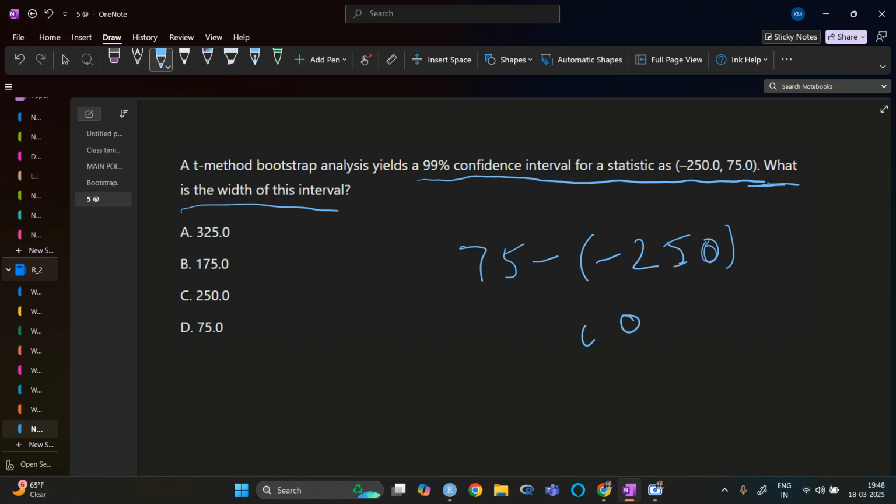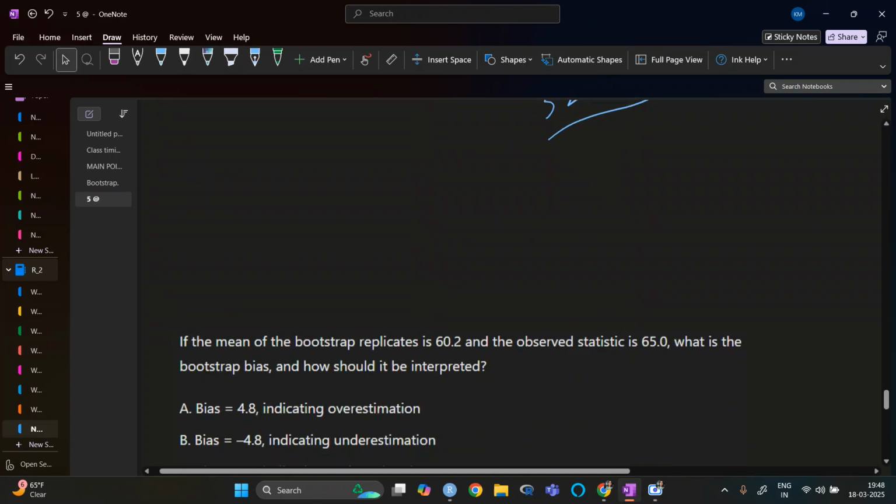Seventy-five minus the lower bound, which is 5, so it is 70. So the width is 325. Okay.